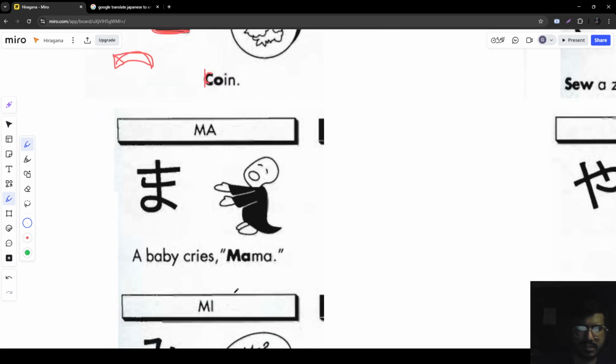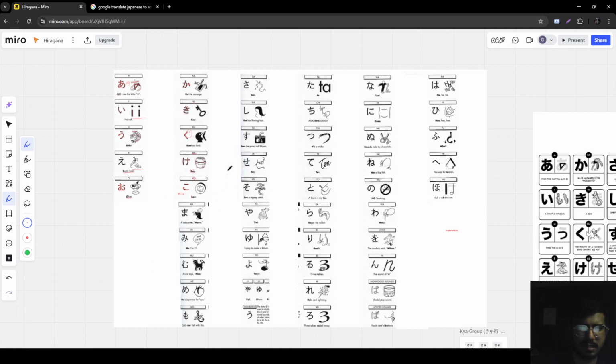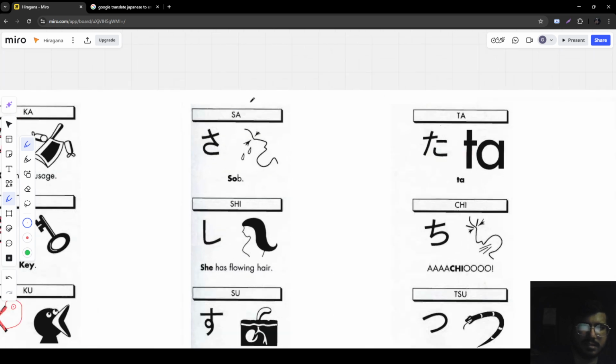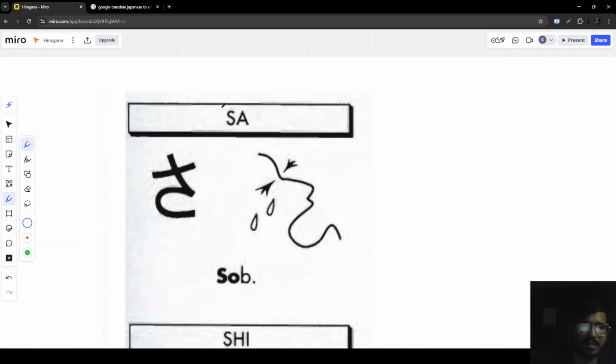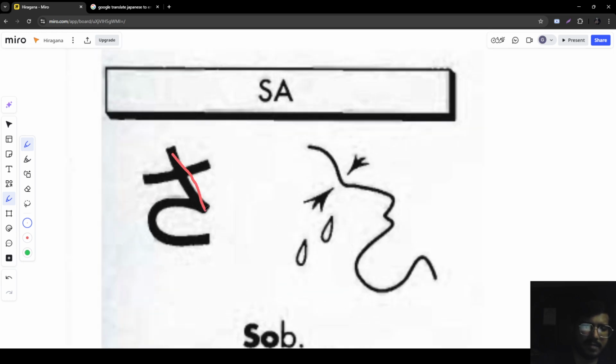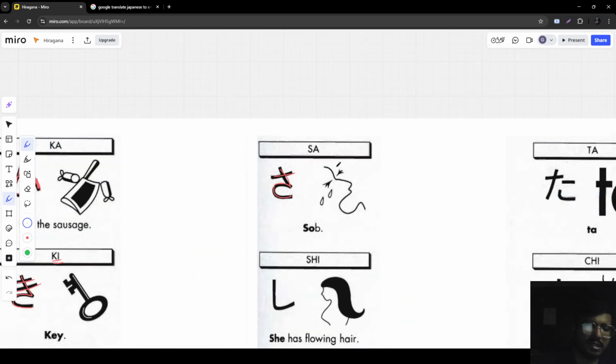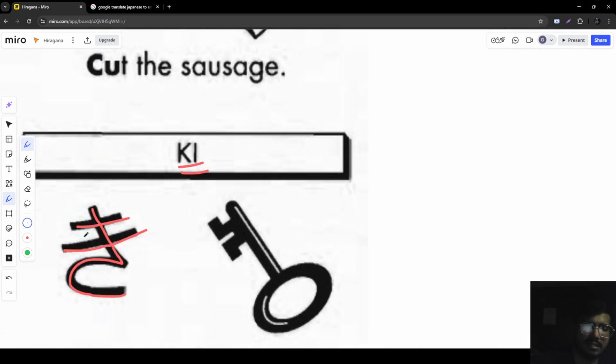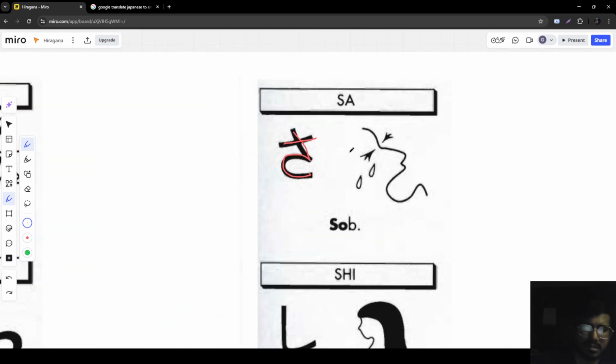So the next one, you will come here later, the next one should be sa. How to remember sa? If you can see here, sa is very much similar to ki, right? This line is missing, this is not there, but otherwise it's very much similar to ki.